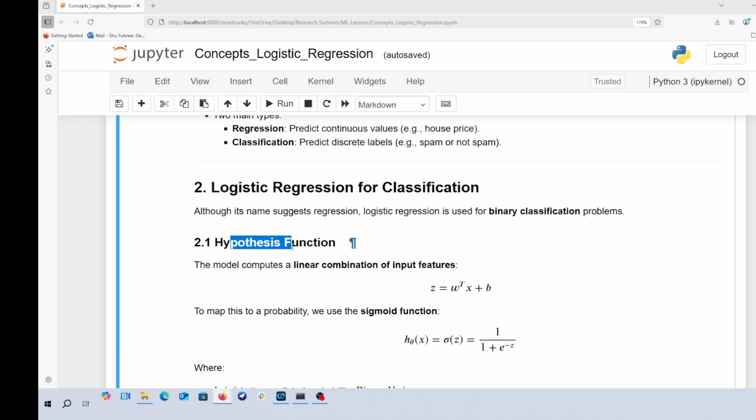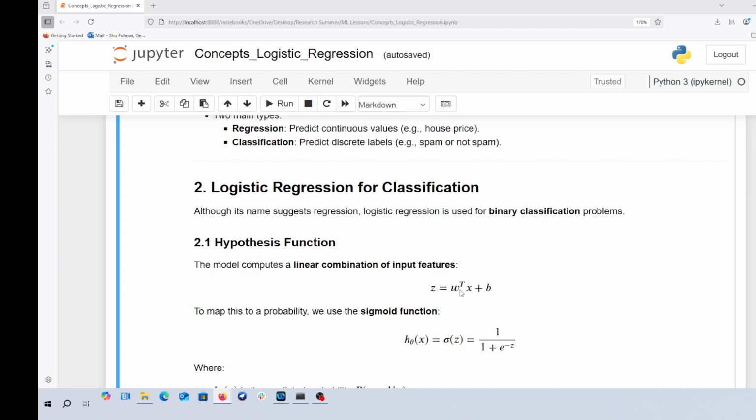So the main function here, or maybe the hypothesis function that we are going to be looking at, is computing that linear combination of the input features. It seems like the linear regression we saw in the previous lessons. So we are trying to learn some parameters, theta transpose x, which if we want to use our notation from linear algebra, we can expand.